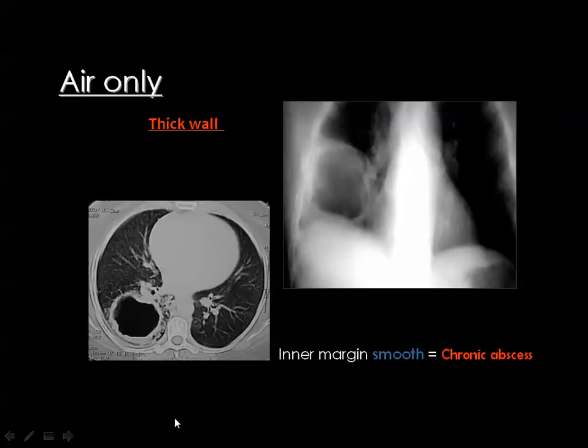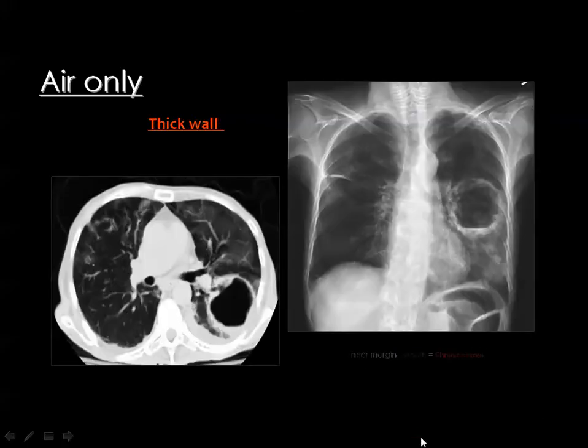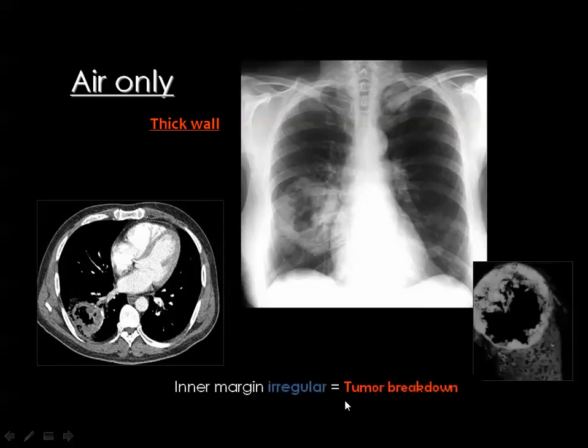And the abscess starts with a lot of pus, few air loculi, then air will increase and pus will decrease until you are left with a cavity totally filled with air, which is diagnostic of the chronic lung abscess. Then this is the chronic lung abscess with a thick wall and containing air, both in the plain film and in the CT scan.